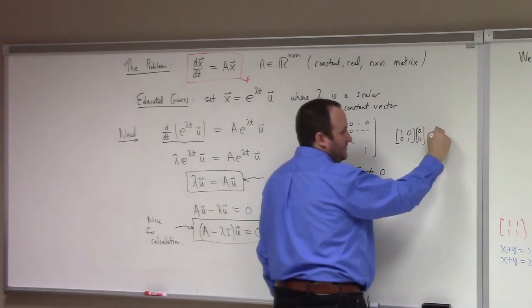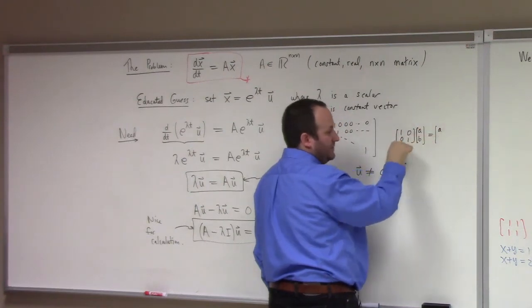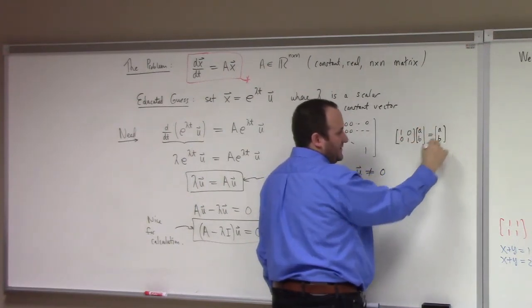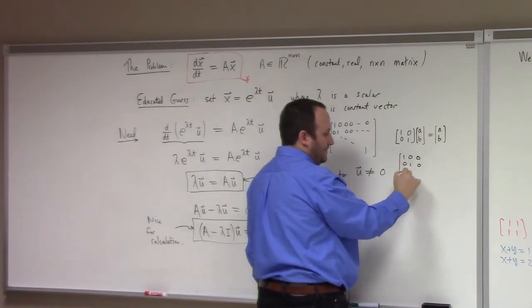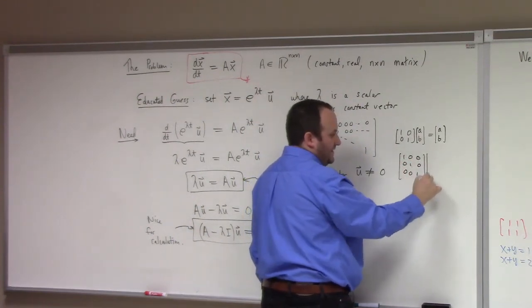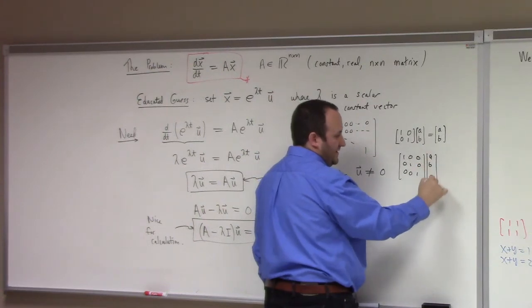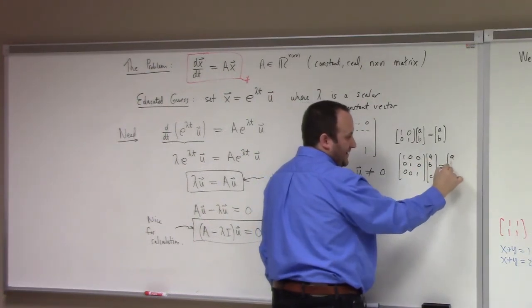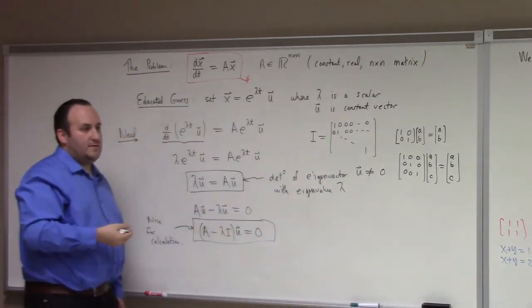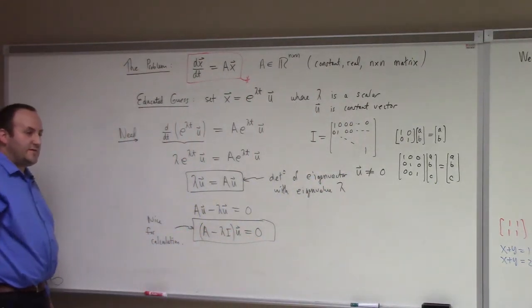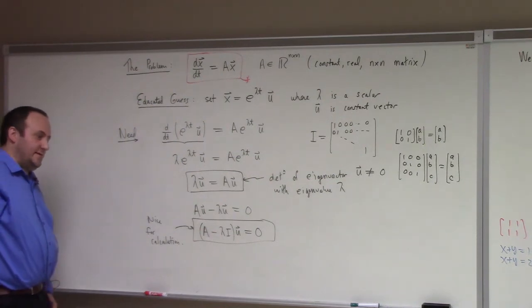I get a times 1 plus b times 0, and I get b again. So if I take the 3 by 3 identity matrix and multiply it by a, b, c, it's going to give me back a, b, c. So this matrix I serves like the number 1 for matrix multiplication. It's a so-called identity matrix. It's a matrix which has zeros everywhere and just has ones down the diagonal.